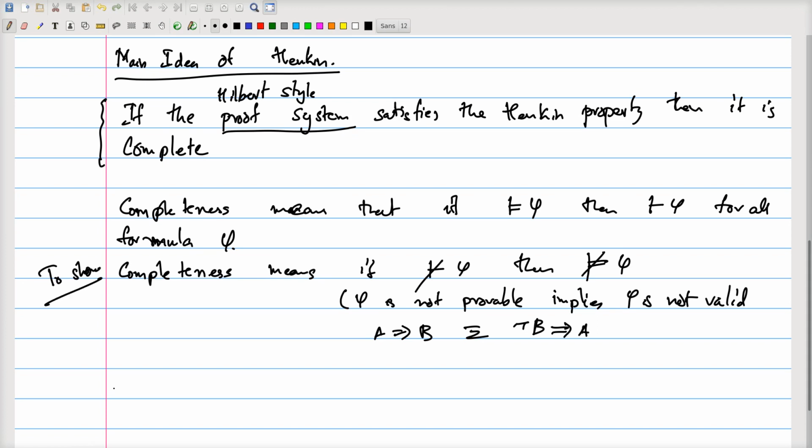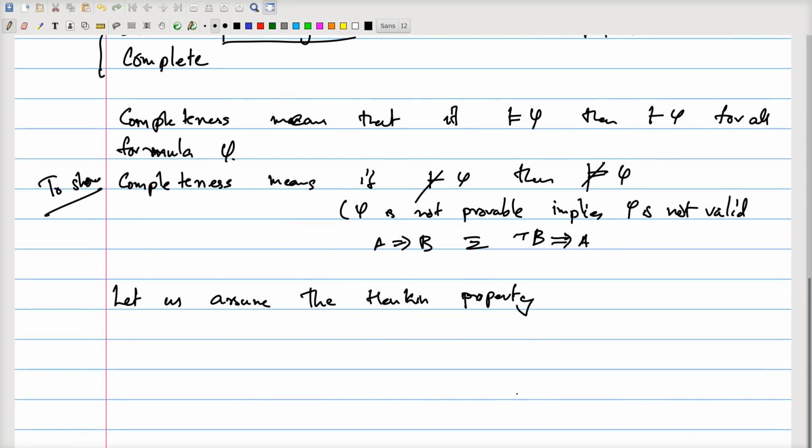So let us assume the Henkin property. Now, this is an exercise: show that not beta implies beta in the Hilbert system.